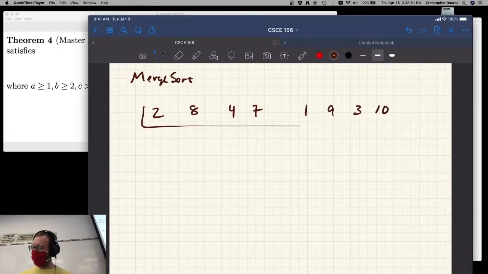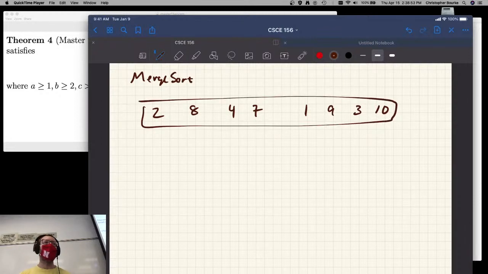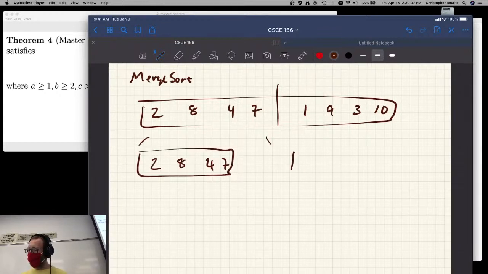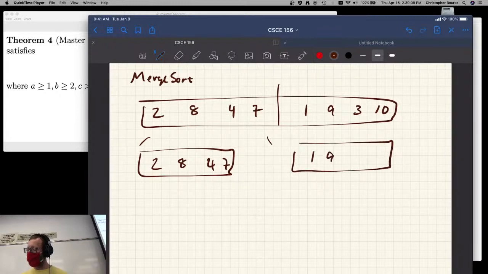This is all one big giant array. Merge sort starts by doing the recursion in a guaranteed fashion, meaning that we're going to cut this exactly in half. This side gets 2, 8, 4, and 7 as an independent array, and this side gets 1, 9, 3, and 10. Okay?